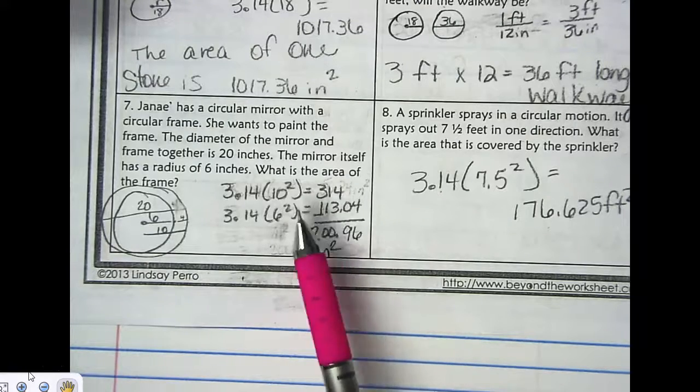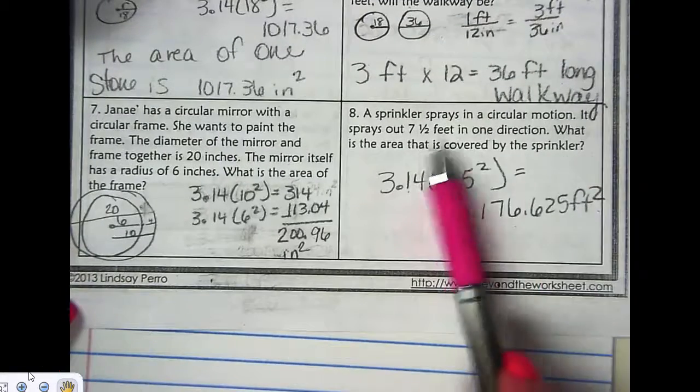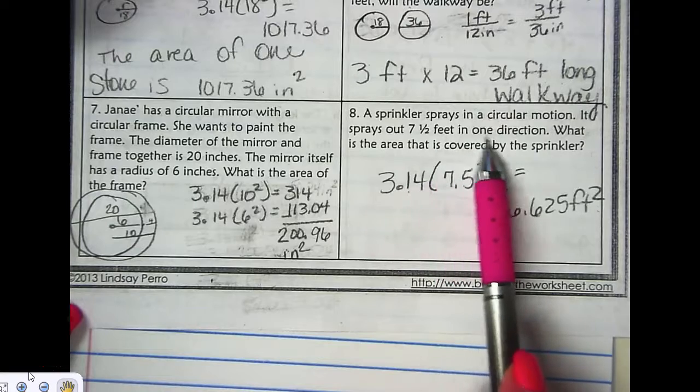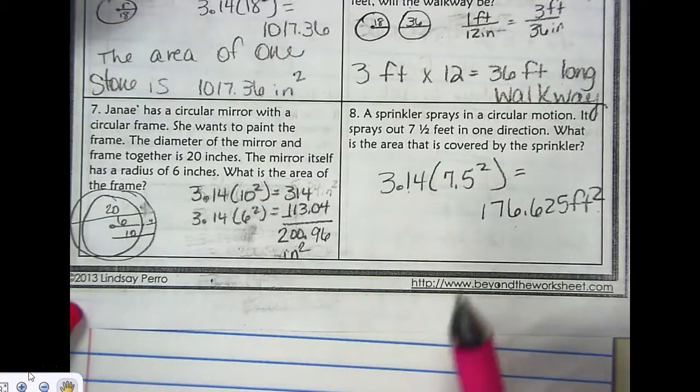If you did this section in IXL, you had lots of problems like these. A sprinkler sprays in a circular motion. It sprays out 7.5 feet in one direction. What is the area that is covered by the sprinkler? We had a problem like this on a warm-up, right? Do you remember that?